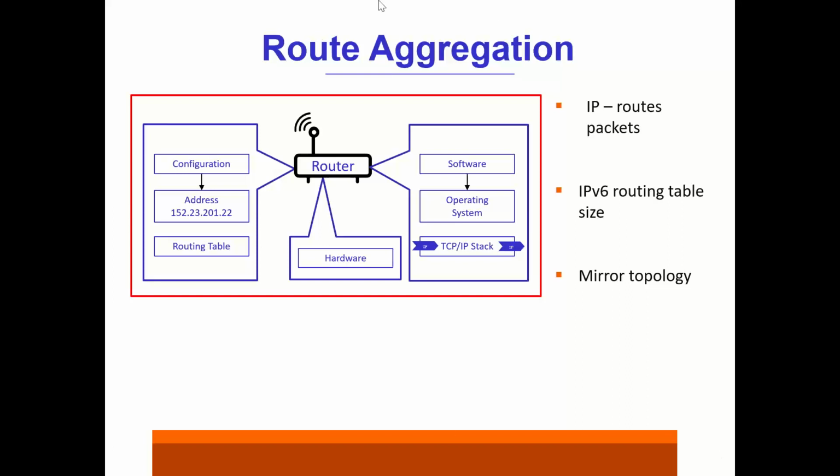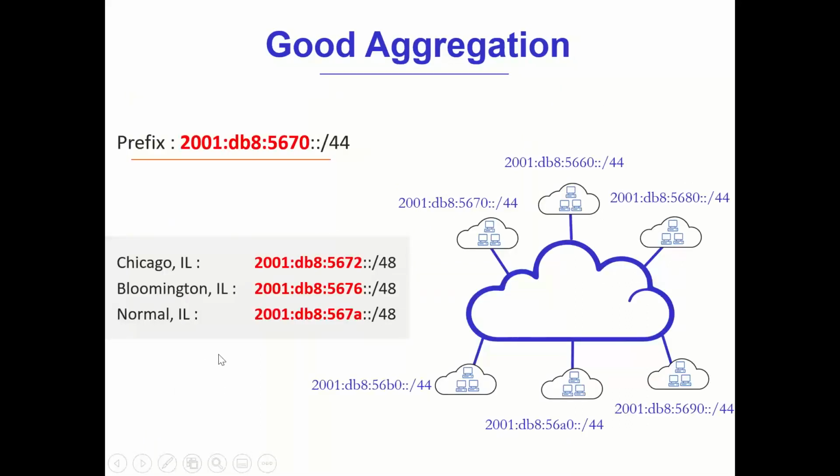And so what is one issue that can come up? Well, it has to do with the size of your routing table and the fact, of course, that IP is routing packets. What you might consider is that you may want to have your addressing plan mirror your geographical topology.